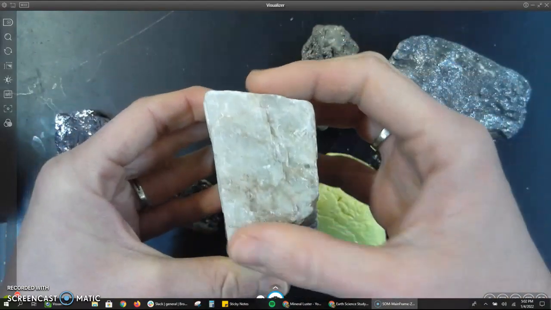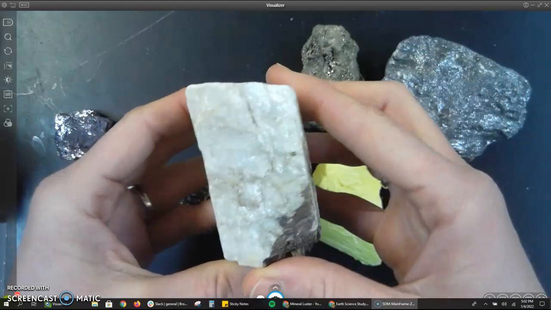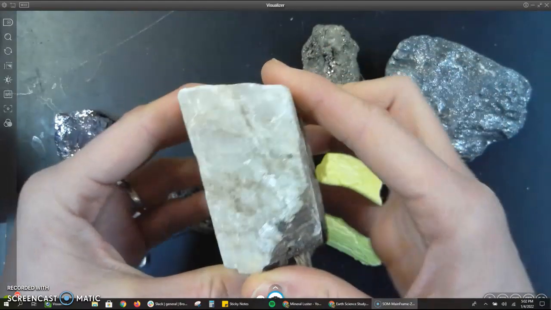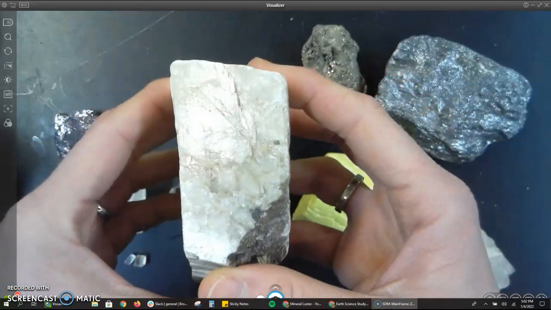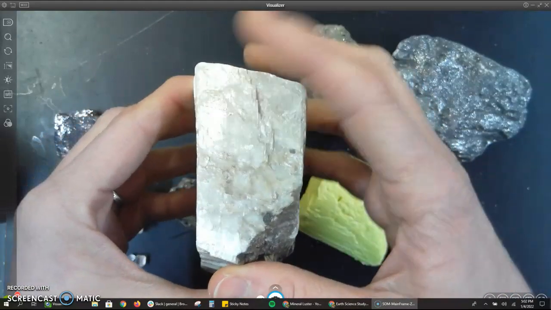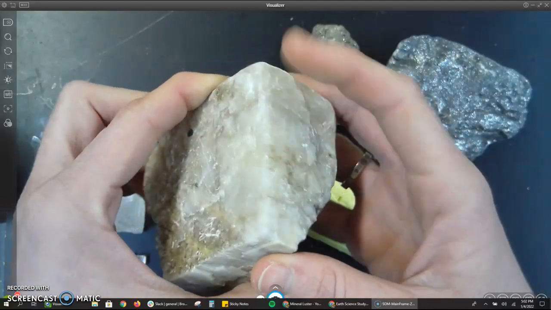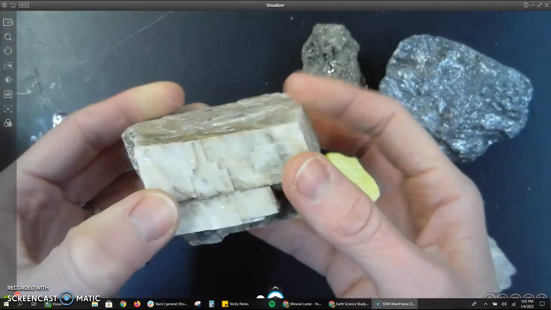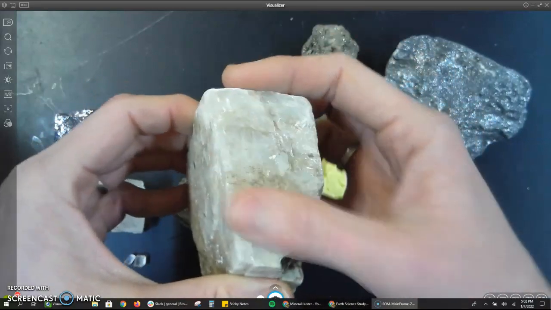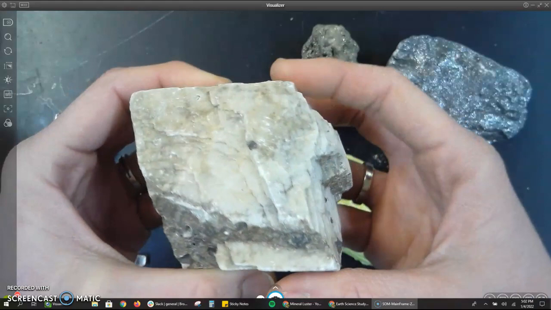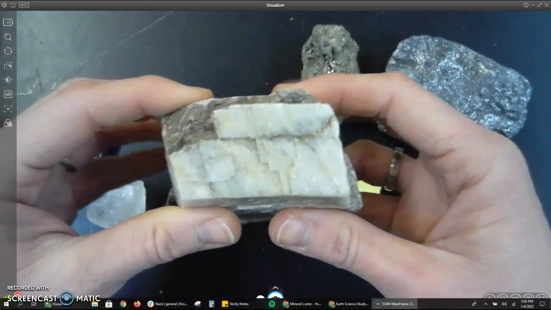And so does this. And in fact, we can see that this surface here is really shiny and reflective. That's a pretty good indicator that this mineral breaks naturally along these flat surfaces, okay? And it's not shiny like metallic, it's also really smooth. So those are all natural breaks in this mineral.